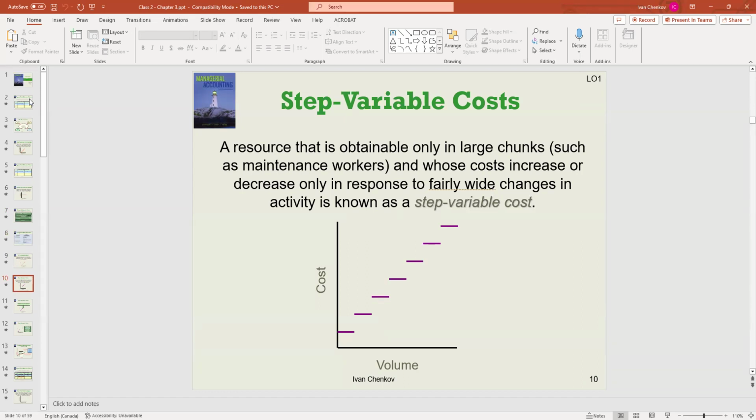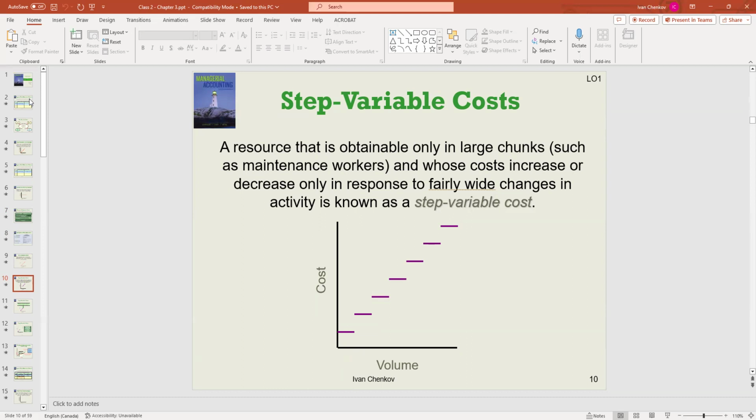So if I have one maintenance worker, my cost will be variable to some extent, but it's going to stay on that step. If I have to hire another person, then it's also going to be variable, but for two people now, based on how much they're working. So the step variable cost changes over a small portion of the range.